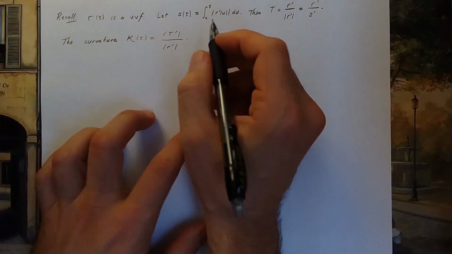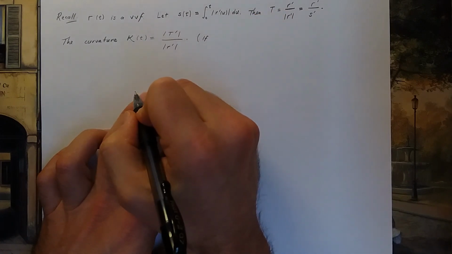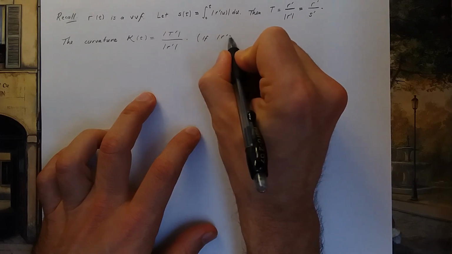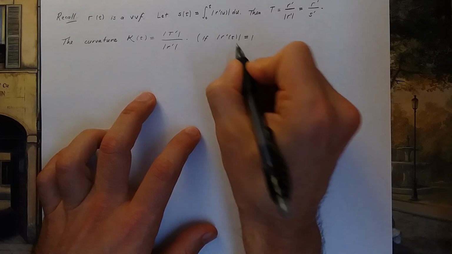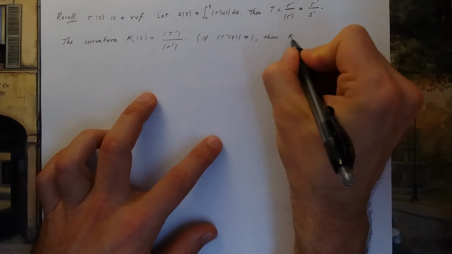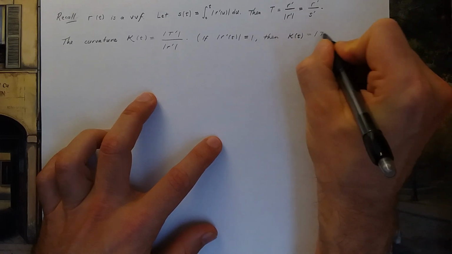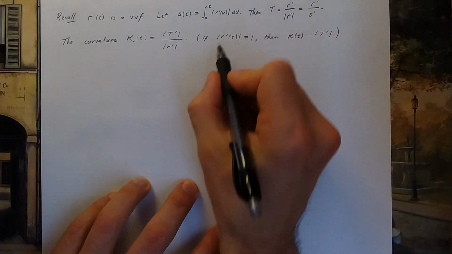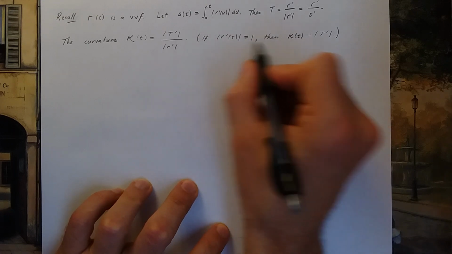Now, if you happen to be parameterized by arc length, so if it happens that the derivative of your vector-valued function is equal to 1 in magnitude, then the curvature kappa is simply the magnitude of the derivative of the unit tangent vector. This situation is where you trace out the curve at constant speed.